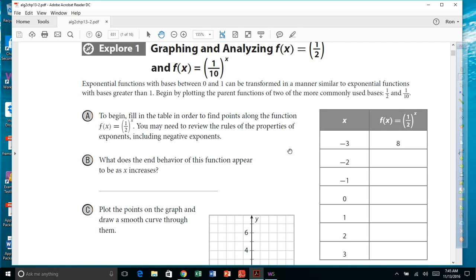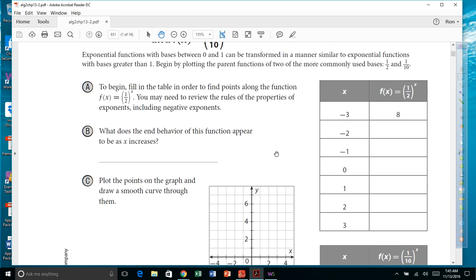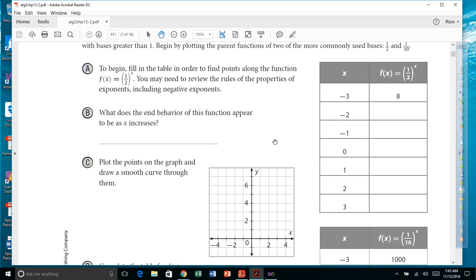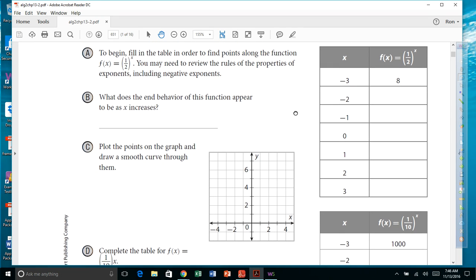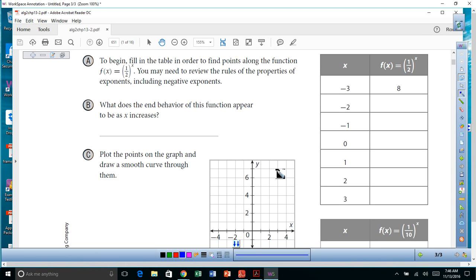Begin by plotting the parent functions of two of the more commonly used bases, 1/2 and 1/10. To begin, fill in the table in order to find the points along the function f of x equals 1/2 to the x power. You may need to review the properties of exponents, including negative exponents.